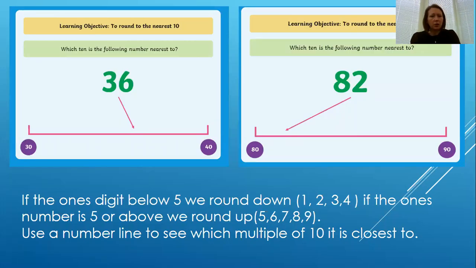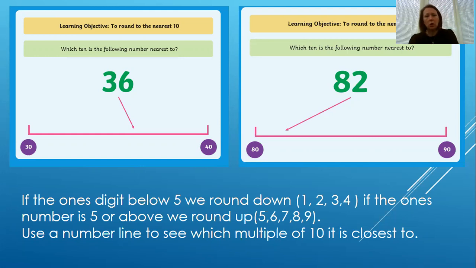Okay, this is the new learning then, the rounding to the nearest 10. In order to estimate, you need to round numbers up or down. So when we're rounding to the nearest 10, we look at the ones digit. If the ones digit is below 5, 1, 2, 3, or 4, then we round down.